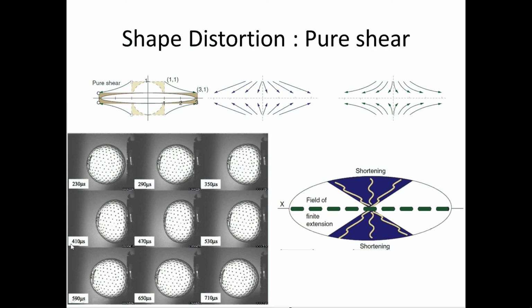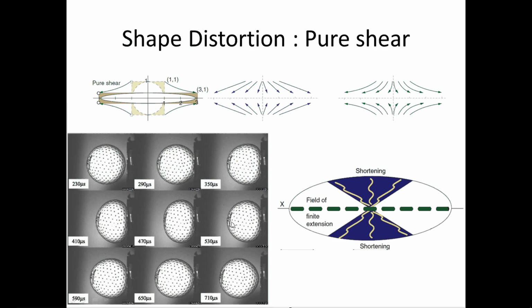Okay, and at 410 microseconds, it is becoming more and more elliptical. At 470 microseconds, it is even more elliptical. And again it tries to rebound, and during rebound it tries to restore its original shape, which is spherical.